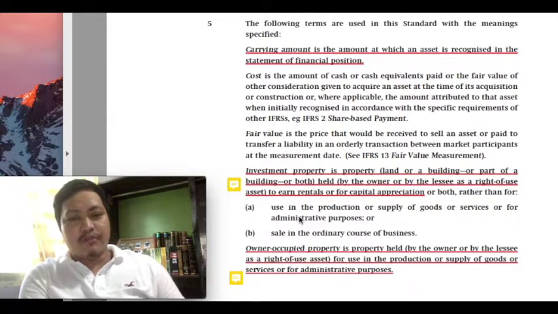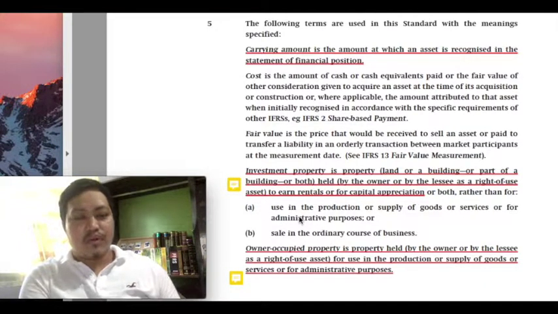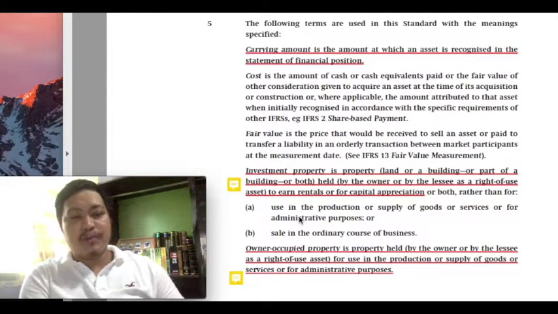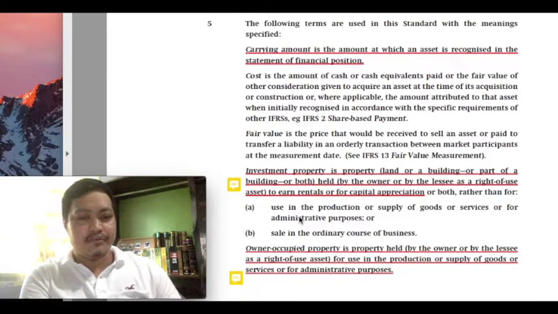Okay, so if you match the definition provided in owner-occupied property with the definition provided for property, plant, and equipment, class, you'll be able to correctly conclude that owner-occupied property is to be reported as property, plant, and equipment. In other words, owner-occupied property will be governed by PAS 16.